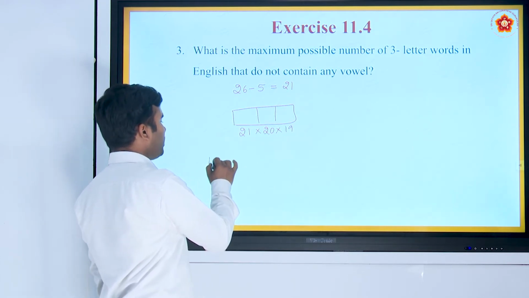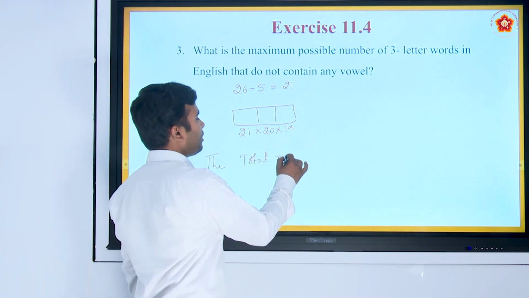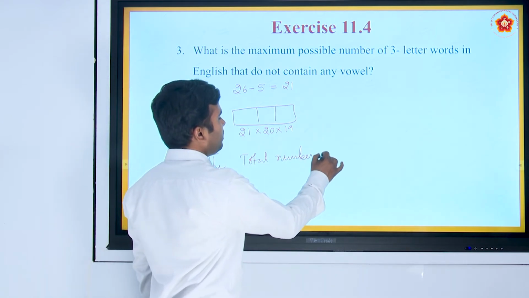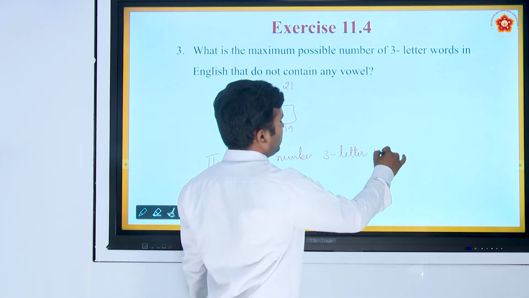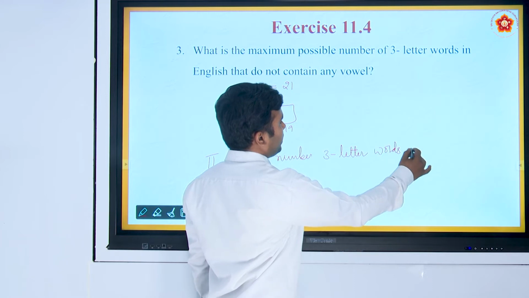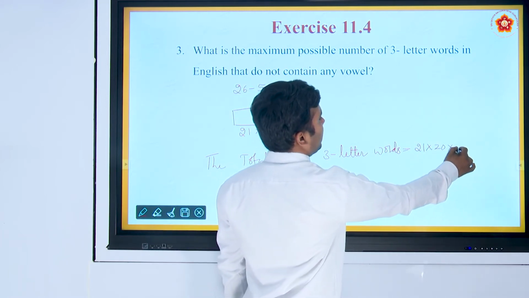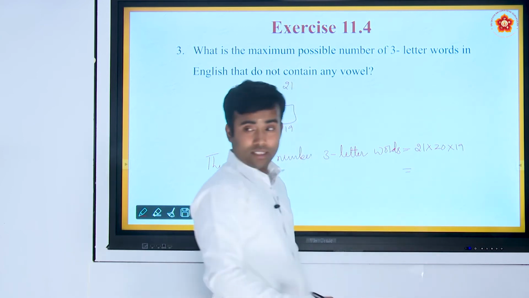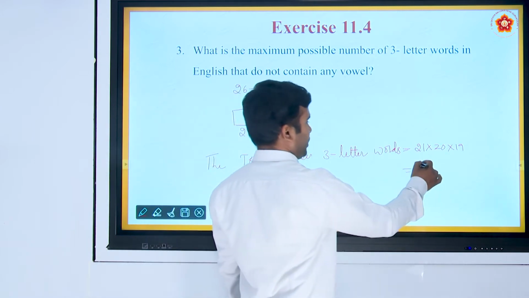So the total number of 3-letter words is equal to 21 into 20 into 19. You can multiply that, and you will get 7980.